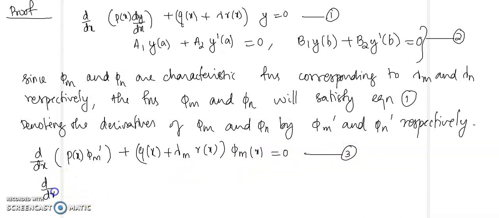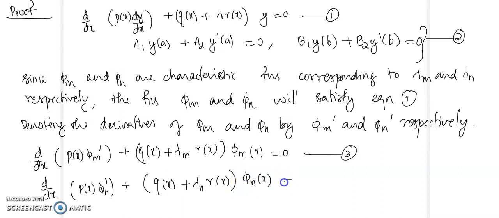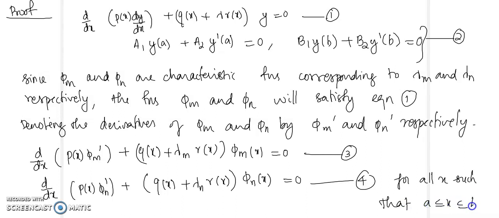And the next equation is d by dx of p of x phi n dash plus q of x plus lambda n r of x phi n of x equal to 0. Let us call it equation 4, and this holds for all x such that a less than or equal to x less than or equal to b.